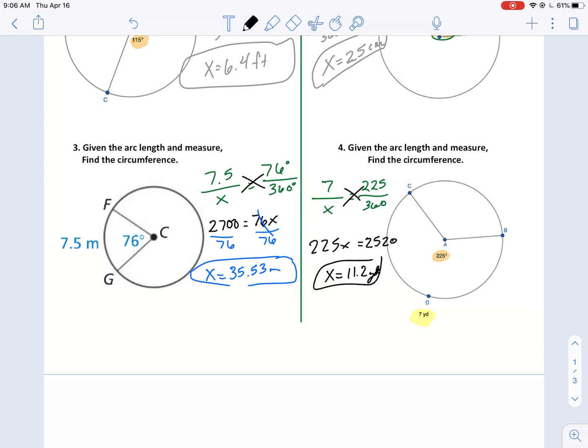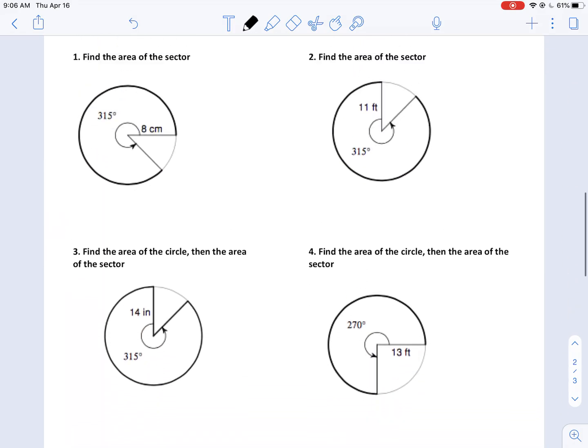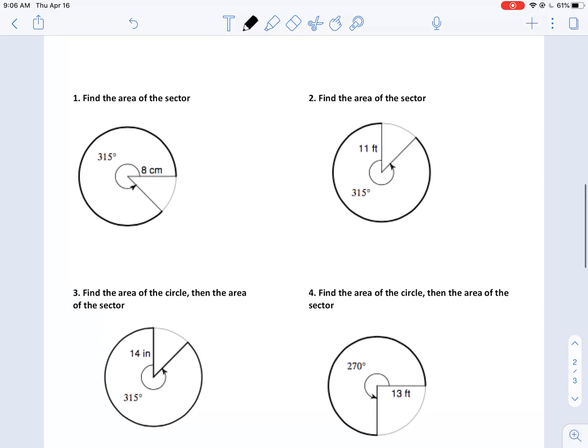So let's see. 225x is 360 times 7 is 2520. Divided by 225 is 11.2 yards.